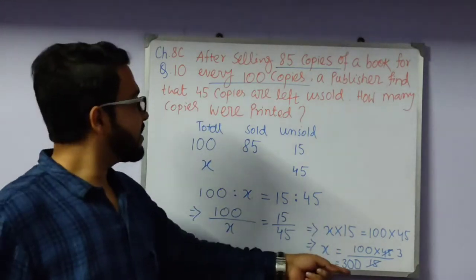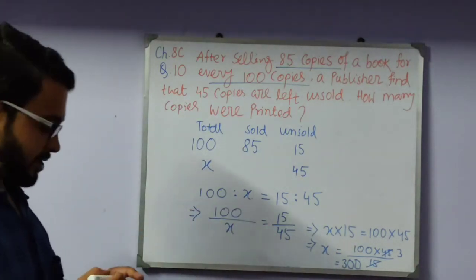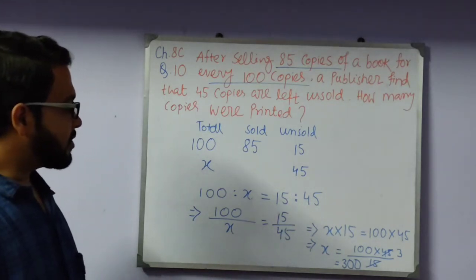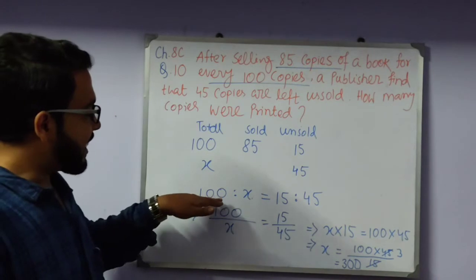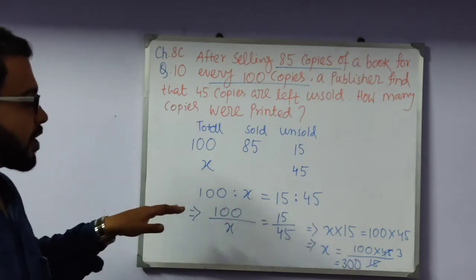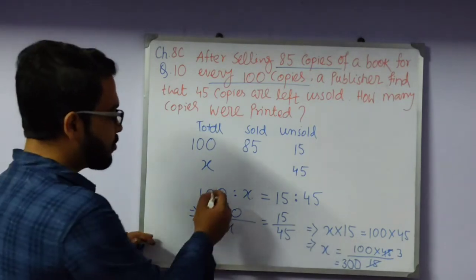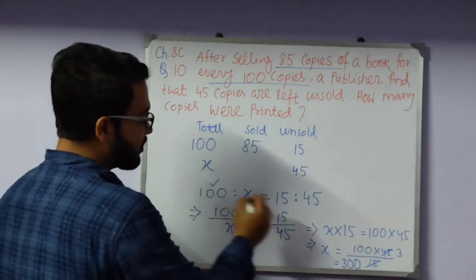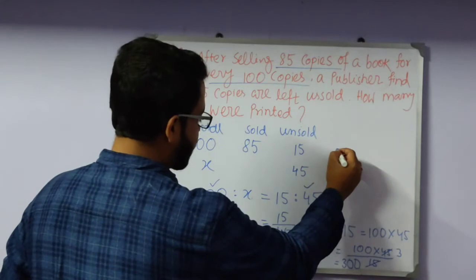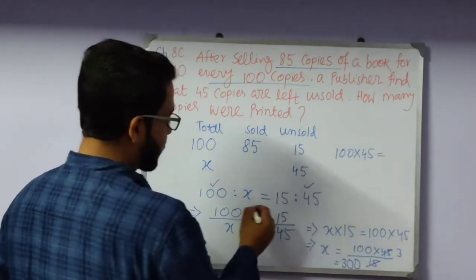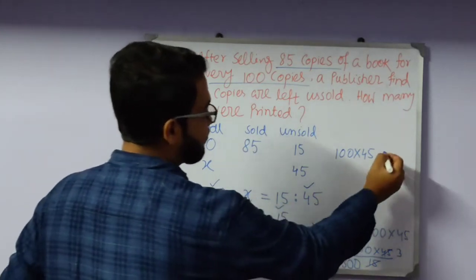So the value of X, total how many copies were printed? There are 300 copies that were printed, and we can apply another method of proportion, that product of extremes is equal to product of means. Product of extremes means this one and this one, so we can write 100 into 45 is equal to product of means X into 15.